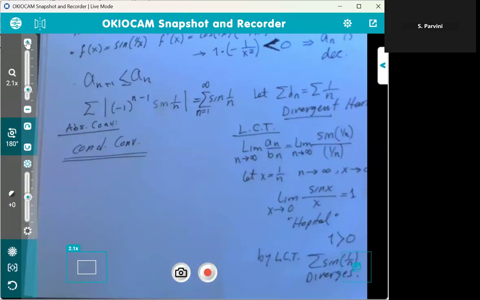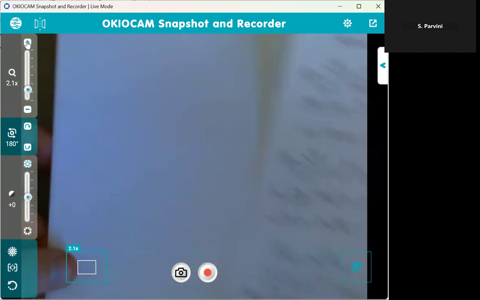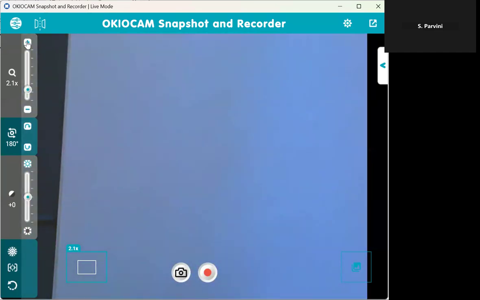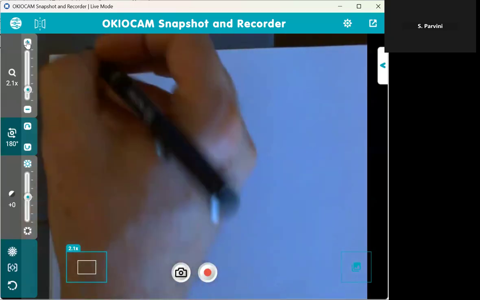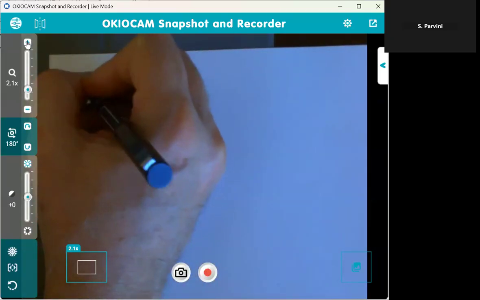So again, there's a lot of these that we can look at. Let's take a look at something a little more involved, a little more challenging. So I'm going to look at this series in my example.